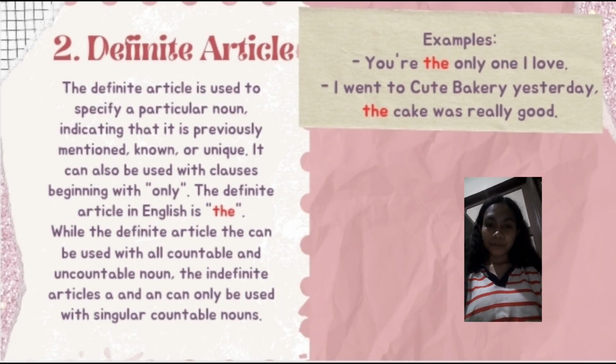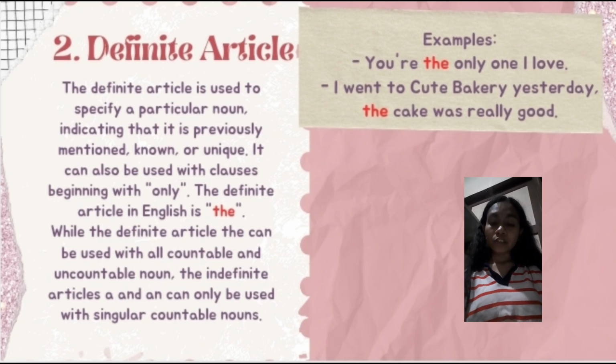Definite article. The definite article is used to specify a particular noun, indicating that it is a previously mentioned noun, or unique. It can also be used with clauses beginning with only.